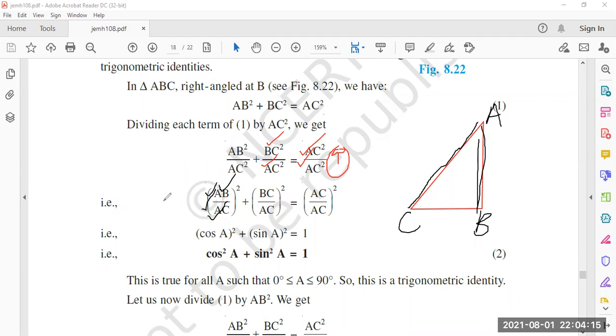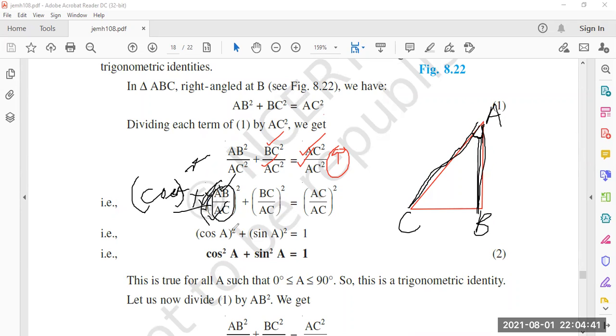So this first ratio is AB by AC, meaning for angle A, this is adjacent upon hypotenuse. So what is this AB by AC? This is cos, and above it the square. And we have taken angle A, so we will write angle A here.